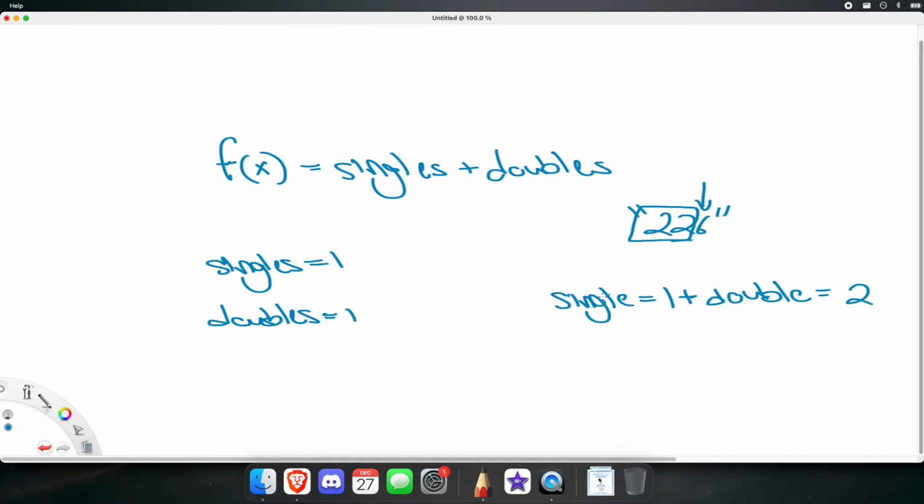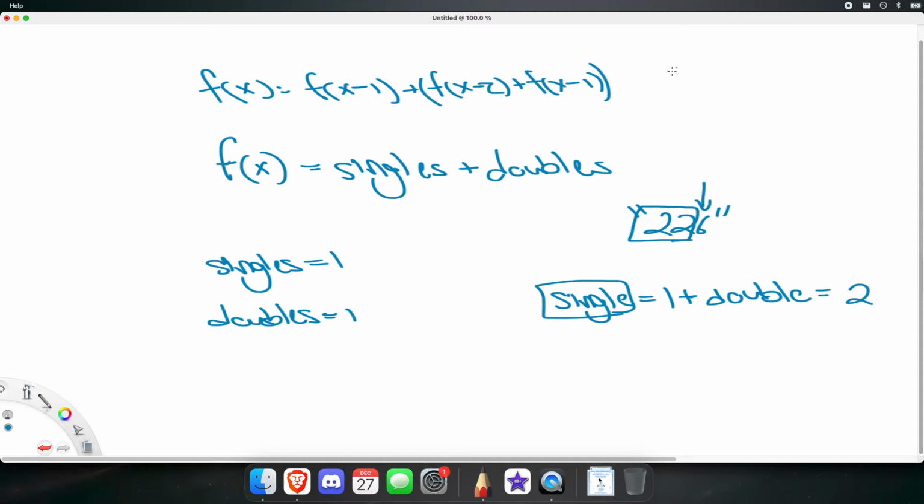Now if we look at this formula, keep in mind how singles changes for every character we're looking at. So singles is really our f of x. Another way of writing this is that f of x is equal to f of x minus 1 plus f of x minus 2 plus f of x minus 1. Now this second part right here needs to be greater than or equal to 1 and less than or equal to 26.